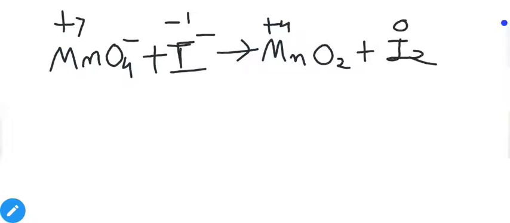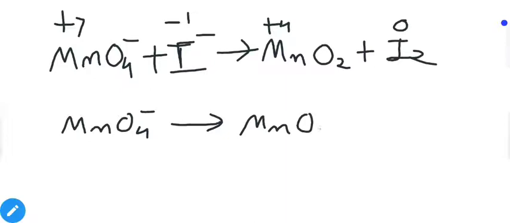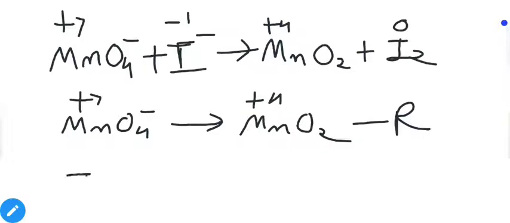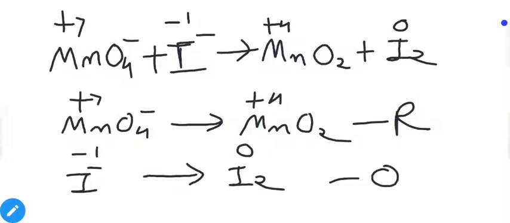So in the second step we split the two half reactions. MnO4 minus turns into MnO2, that means +7 to +4, so it is a reduction reaction. And I minus turns into I2, so it is -1 to 0, so it is oxidation.